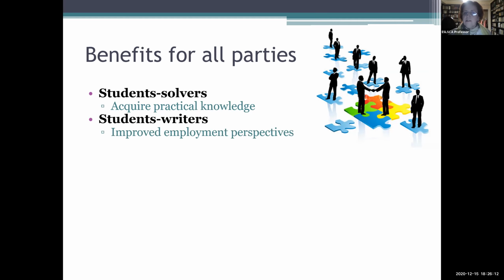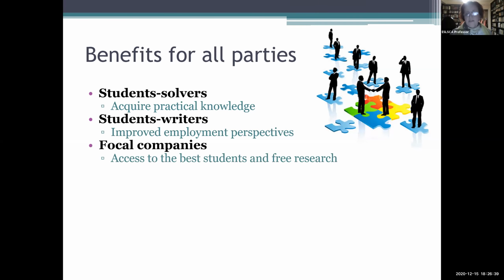Student writers definitely have improved employment perspectives, and even better perspectives toward their master's and higher-level degrees like PhDs. If they wrote a case, they can showcase it on their application, and if it's published by a reputable publisher, they can actually provide a link. So definitely it improves their employment perspectives.